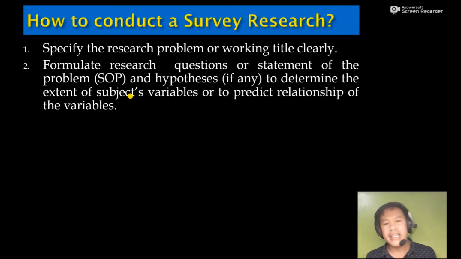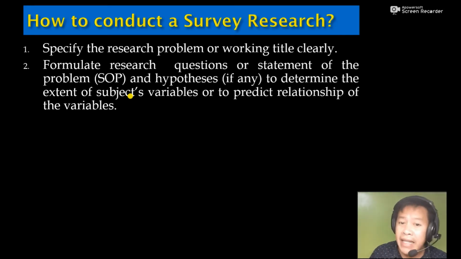All of the variables that we have are considered independent variables if we are just determining the extent of these particular variables. Now, if we are going to predict the relationship of the 2 variables, it means the research that we are conducting is correlational research. It means a cause-effect relationship will be obtained.